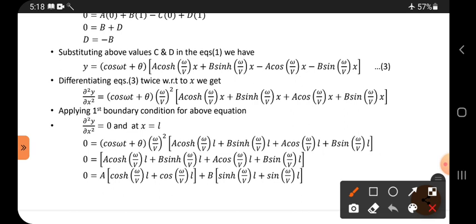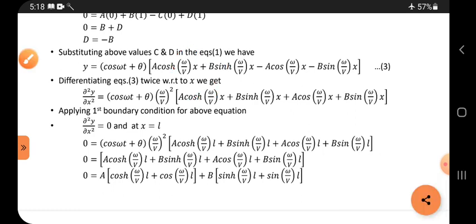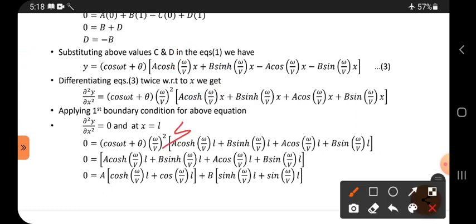Now see, cos differentiation is sine one time, and sine differentiation the other time is cos. Sorry, here cos differentiation first time is sine, and sine differentiation the second time is cos.